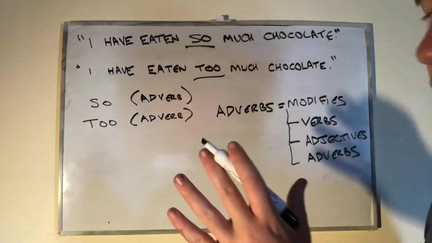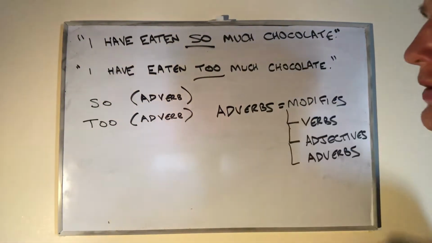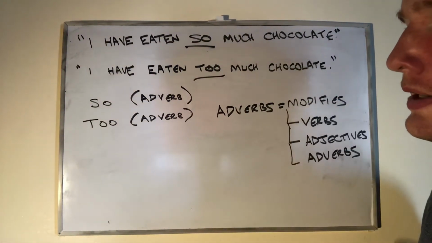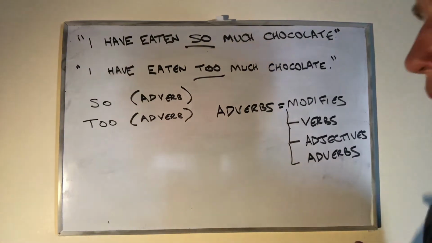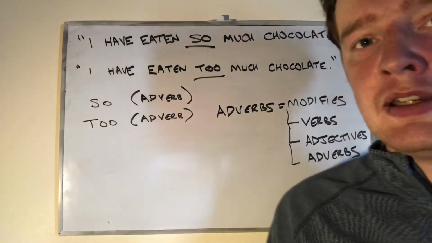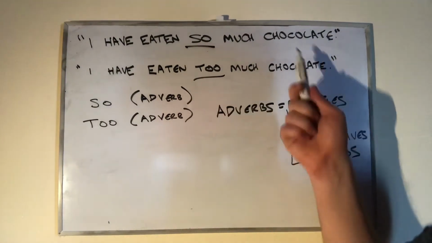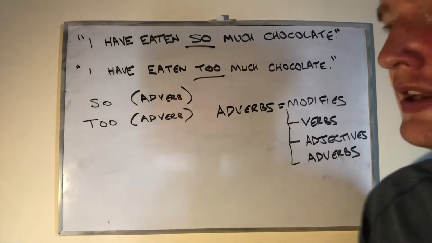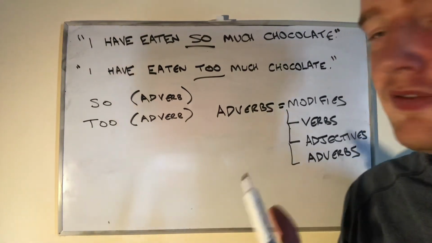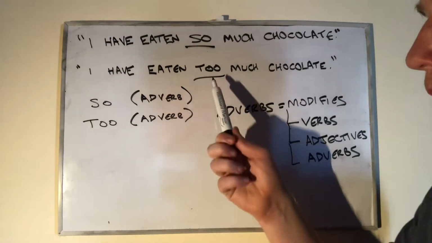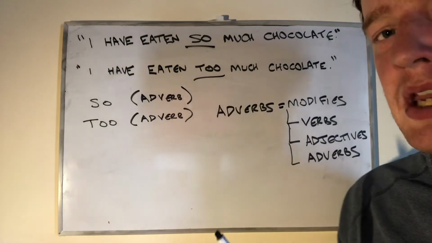So these are the three basic functions of adverbs, and so and too are examples of adverbs in English. But if we consider the example sentences again, what's the difference between these two sentences? Well, in this case, both so and too indicate emphasis. That is, the amount of chocolate which has been eaten is large, very large. However, with the use of too, there's more meaning added.